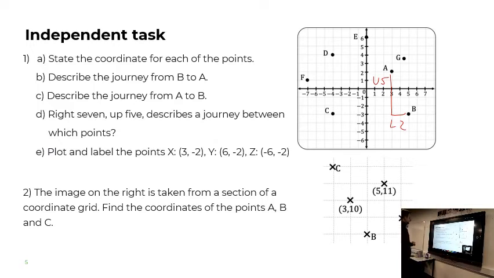What's happening in the journey from A to B? You can see that we are going right 2, but we're also going down 5.